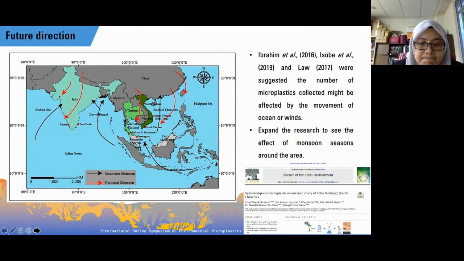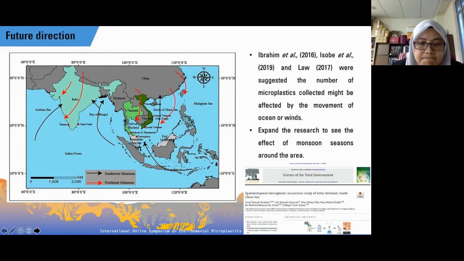After all, we know that the South China Sea region is heavily affected by wind, ocean currents, and monsoons. Now we are having monsoons in Terengganu, and this will give very interesting findings in biota samples during each season.